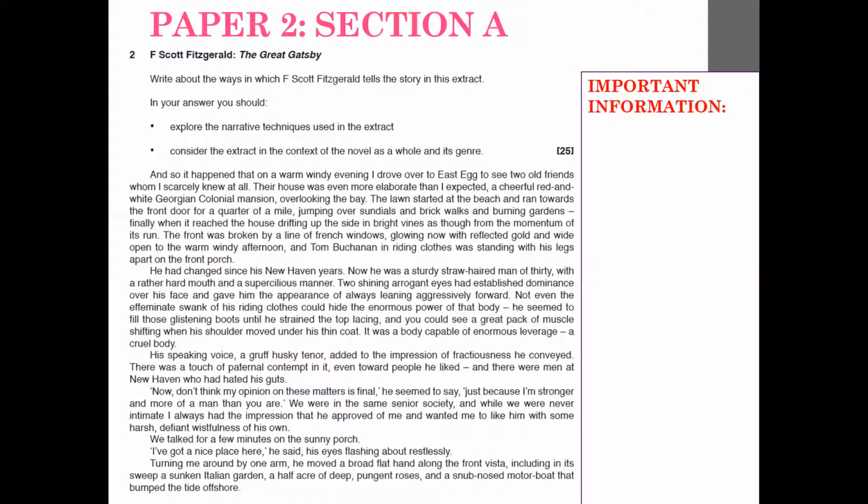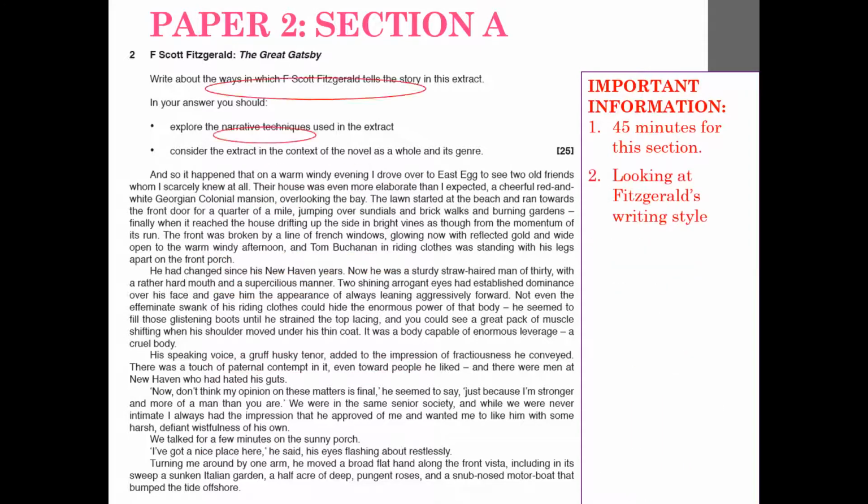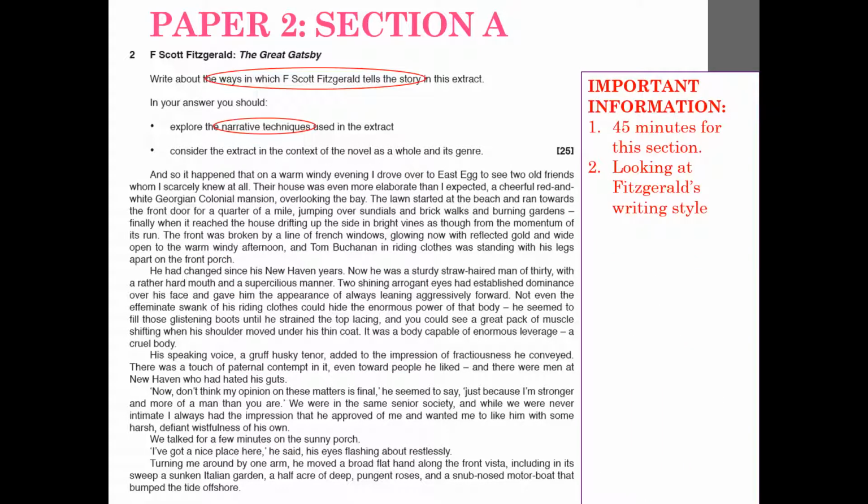So what you need to know. You have 45 minutes for this section of your exam, so half the time. You're being asked specifically to look at Fitzgerald's writing style and what techniques he uses.